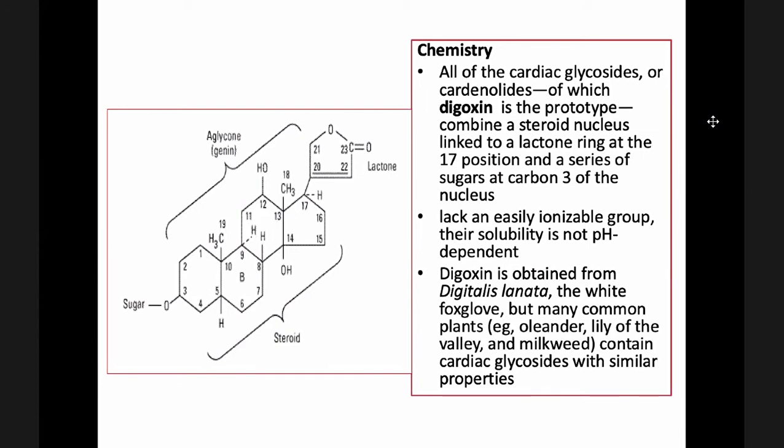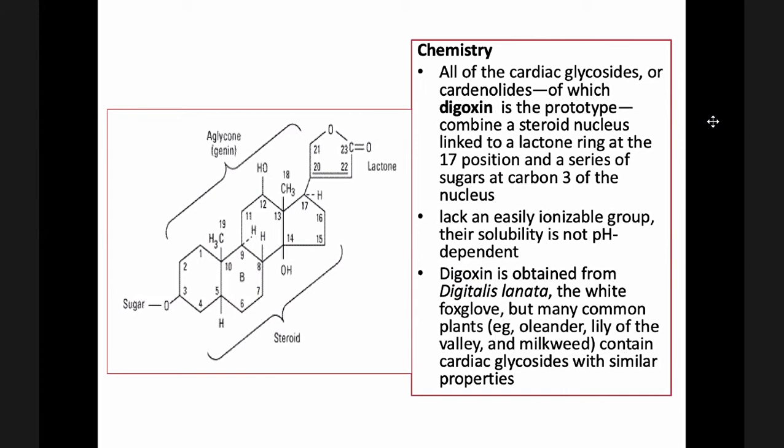So all of the cardiac glycosides or cardenolides, of which digoxin is the prototype, combine a steroid nucleus that is linked to a lactone ring at the 17th position and a series of sugars at carbon 3 of the nucleus. So it lacks an easily ionizable group, so their solubility is not pH dependent.